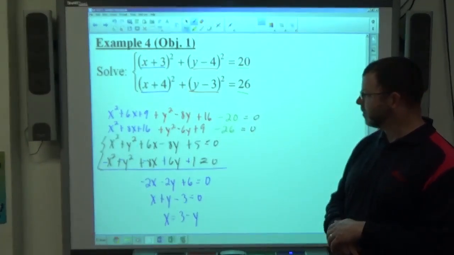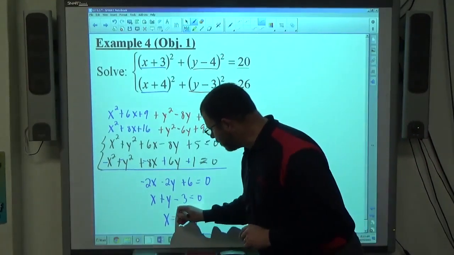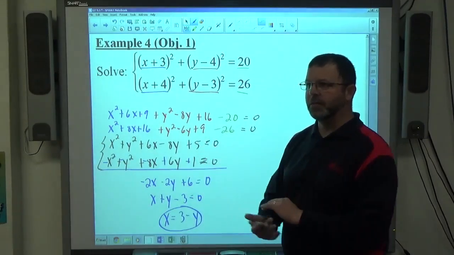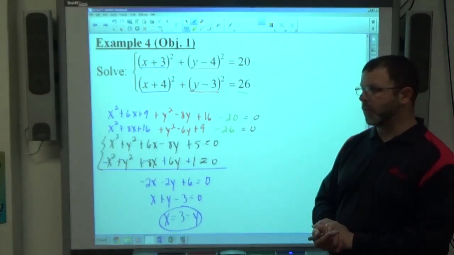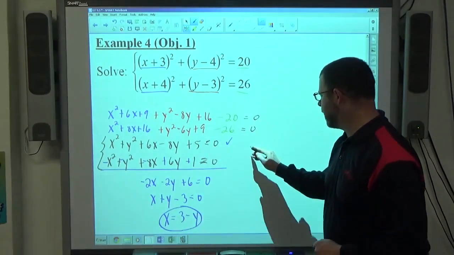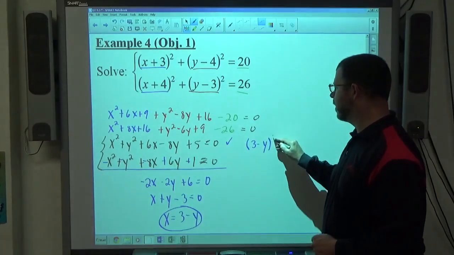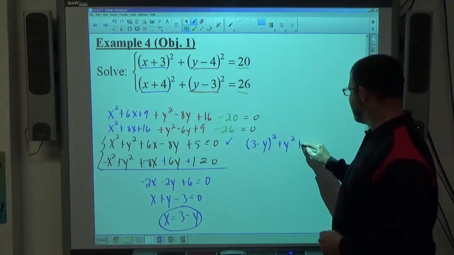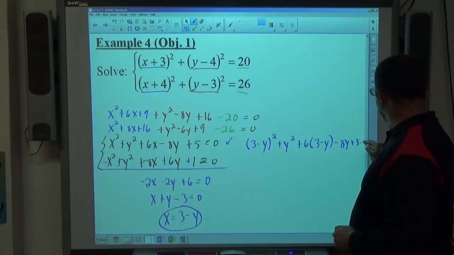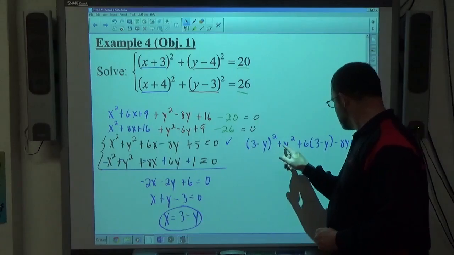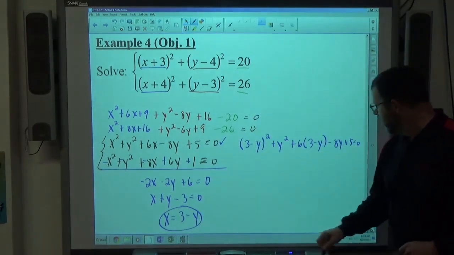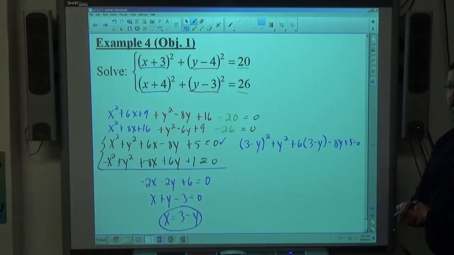What I want to do is take this expression back into one of these two equations up here, getting myself down to just a simple x or simple y equation. So if I change all the x's in this equation into 3 − y, it becomes (3 − y)² + y² + 6(3 − y) − 8y + 5 = 0. Now I've got this big quadratic y equation.